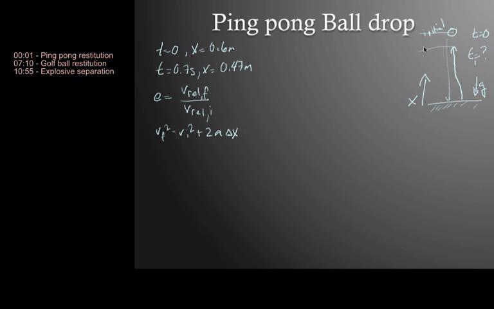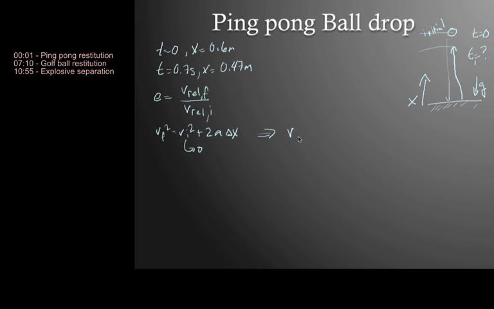In this case, our acceleration is gravity. And let's just consider the drop. Here we're starting off with v equals 0, so that term is 0. This is gravity. And this v final, that's what we're looking for. And we know delta x. So this is exactly what we want.